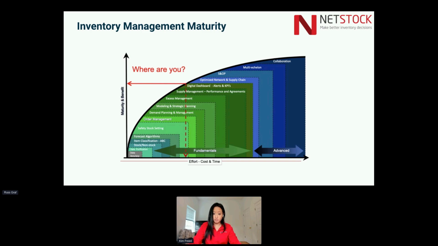But then there's also the supply side, right, which has now become so critical in really understanding how our suppliers are doing and increasing that level of communication and the quality of that communication, being able to share with them information about your requirements and what you're seeing in your marketplaces, so that they have a good heads up as to what your needs are going to be, so that they can plan accordingly.